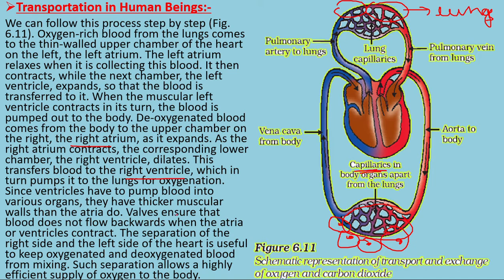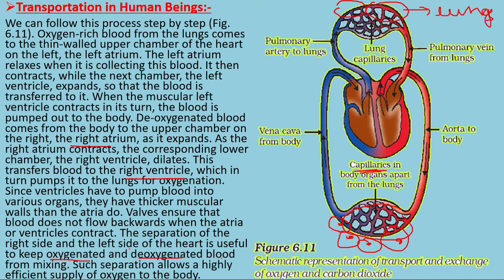The valves ensure that blood does not flow backward when atria or ventricles contract. The separation of the right side and left side of the heart is useful to keep oxygenated and deoxygenated blood from mixing. Such separation allows a highly efficient supply of oxygen to the body.